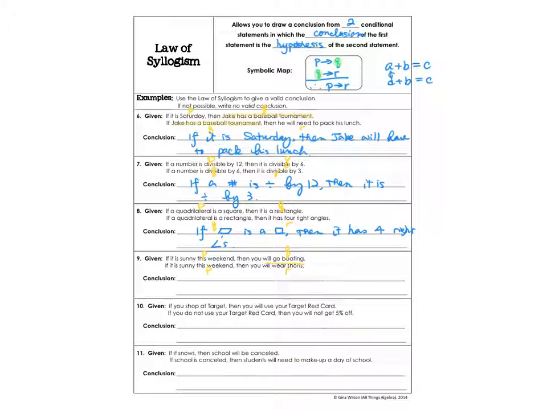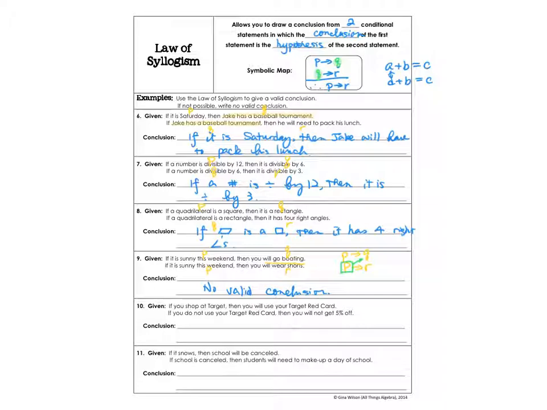So this is R. So this statement is if P, then Q. Then if P again, then R. Notice that this is different from the symbolic map on top. This term here has to be Q, but it's not. Therefore, I cannot draw any valid statement. No valid conclusion.